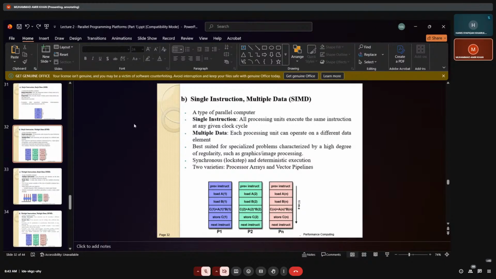Here, number two, single instruction, multiple data, SIMD, a type of parallel computer. Not fully, but a type of parallel computer. Single instruction, all processing units execute the same instruction at a given clock cycle.